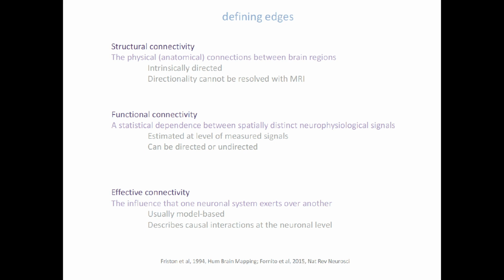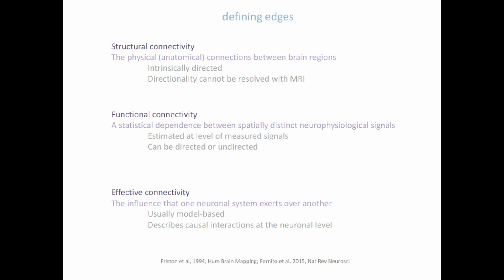This criterion, that effective connectivity is described at the neuronal level, means that if our measure for recording brain activity is indirect, such as BOLD fMRI, then we need some kind of model that maps that signal onto the underlying neural dynamics that generated them. I guess a popular technique for doing this is dynamic causal modeling.